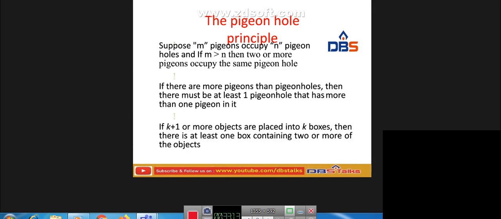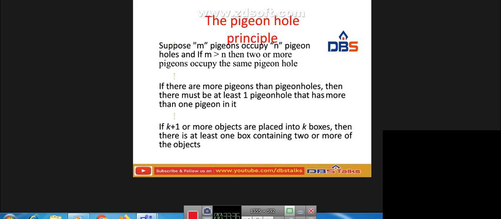Next, the pigeonhole principle. Suppose m pigeons occupy n pigeonholes, and if m is greater than n, then two or more pigeons occupy the same pigeonhole. If there are more pigeons than pigeonholes, then there must be at least one pigeonhole that has more than one pigeon in it.